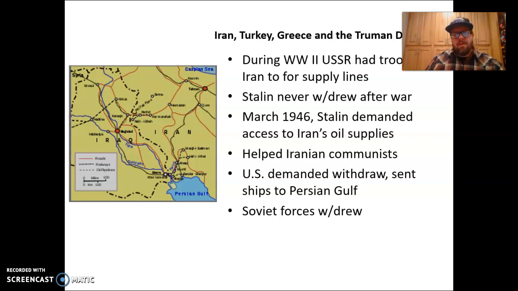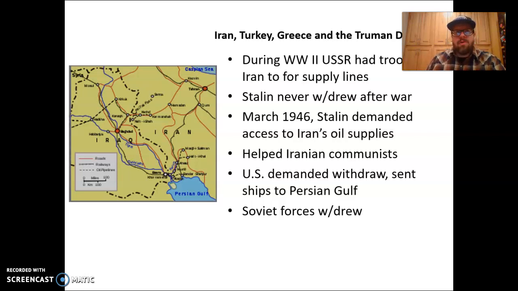So March 1946, this is not long after World War II is over, Stalin starts demanding that Iran allow the Soviet Union to have access to their oil supplies. Iran obviously is a big oil producing country. And he demands that the Iranians will sell him oil, and then he'll have access to that oil.